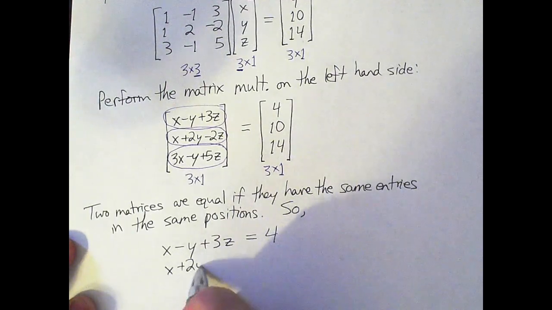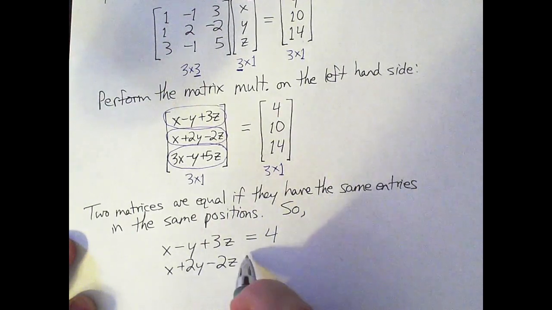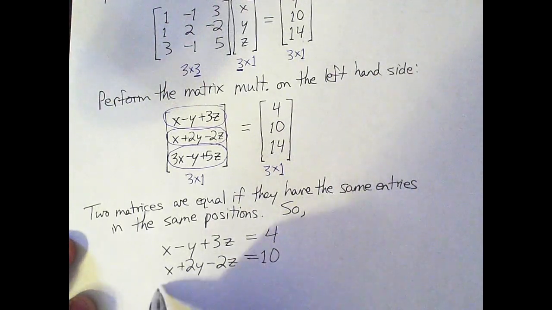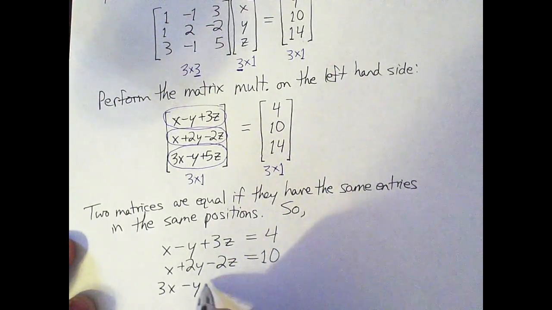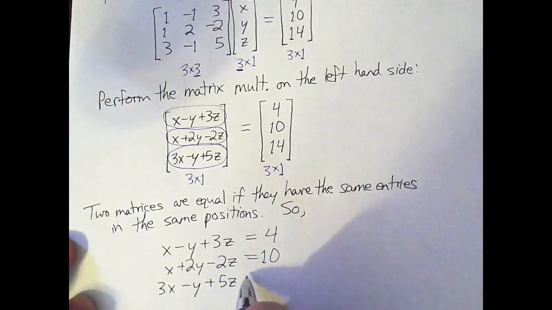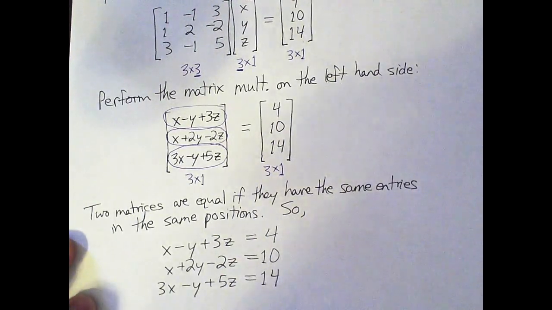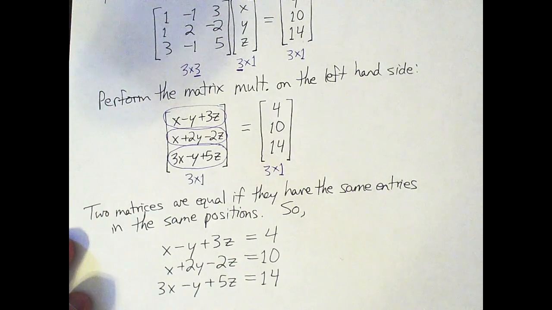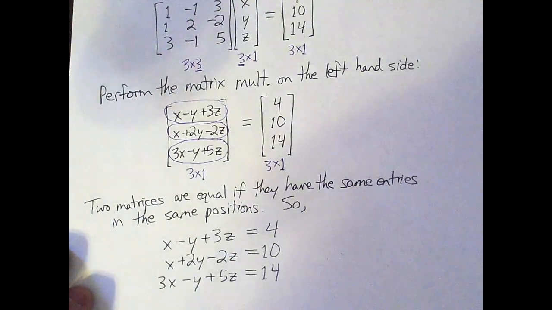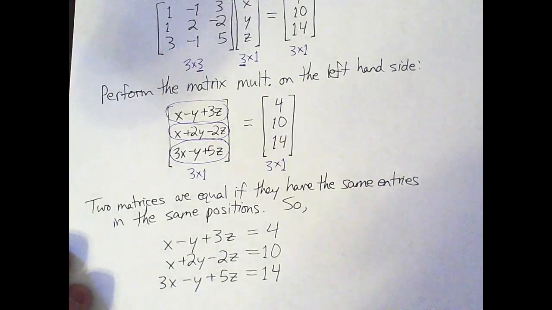X plus 2y minus 2z must equal 10. And 3x minus y plus 5z must equal 14. All three of those things must be true. And what do we do when we have three equations that must all be true at the same time?